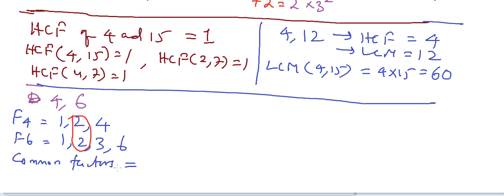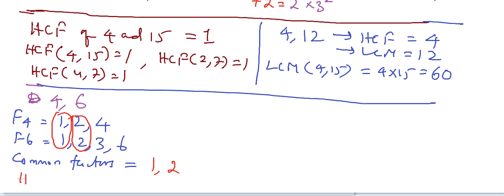Or if you want to write, of course 1 will be there in all of them. So 1 is also common. So the common factors are 1 and 2. No other factors are common to both 4 and 6. So these are the common factors.